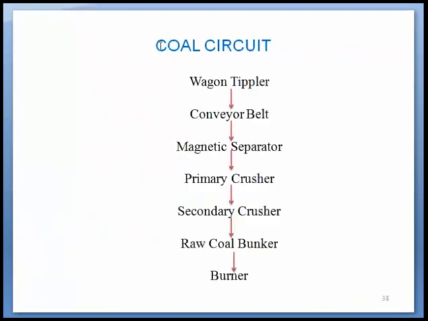The flow chart of the coal circuit is like this: coal transported by rail is unloaded through a wagon tippler, then through conveyor belts, passing through a magnetic separator. It goes to the primary crusher, secondary crusher. Finally, it reaches the main plant area, and is stored in the bunker. From the bunker, through the pulverizer, it goes to the burner.